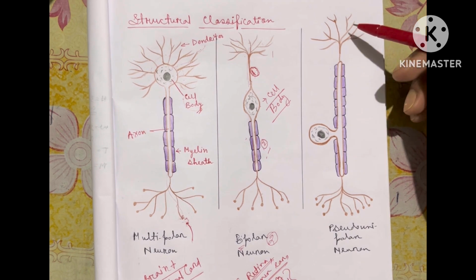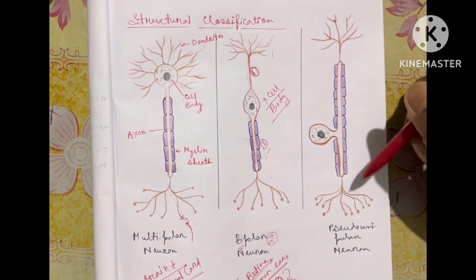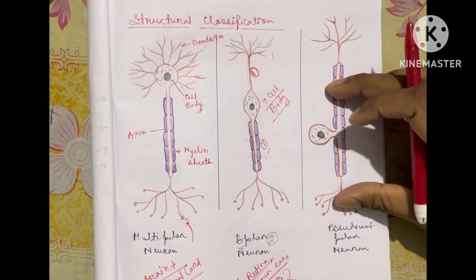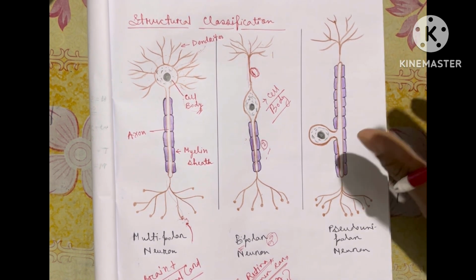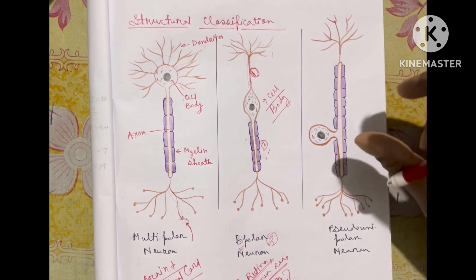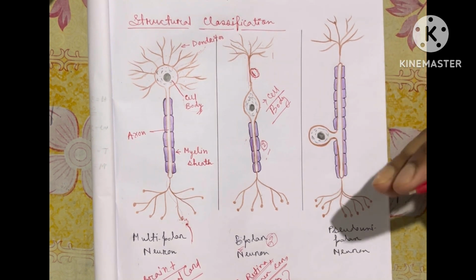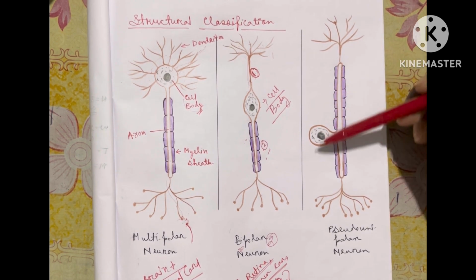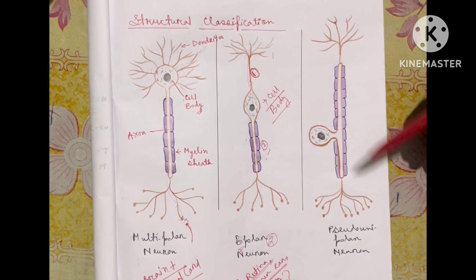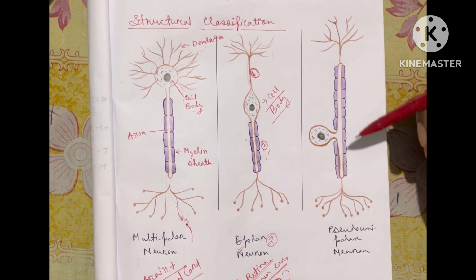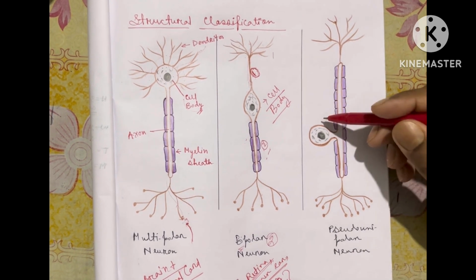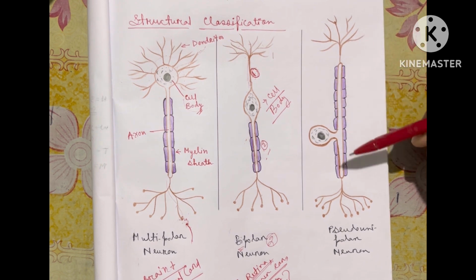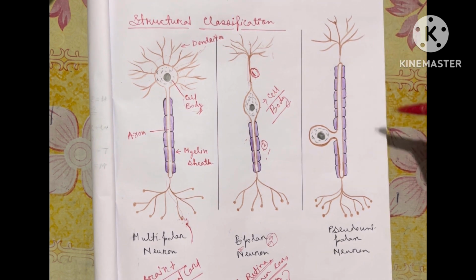Pseudounipolar means first we have to know what is the unipolar neuron. Unipolar neurons are mostly found in infants, or we can say in the fetus, during embryonic development. But when the fetus grows day by day, these pseudounipolar neurons form. So what are pseudounipolar neurons?